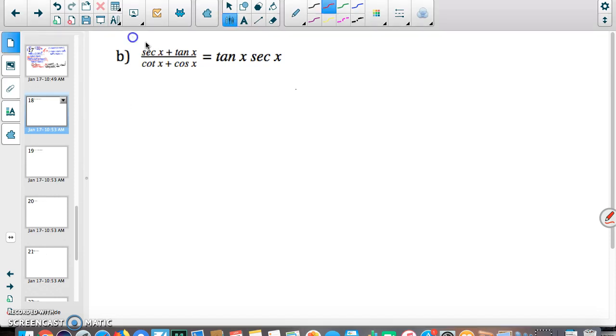So here's my left side and here's my right. I'm definitely going to start on my left side because the right side doesn't have too much going on. So I'm going to start by writing everything in terms of sine and cosine.